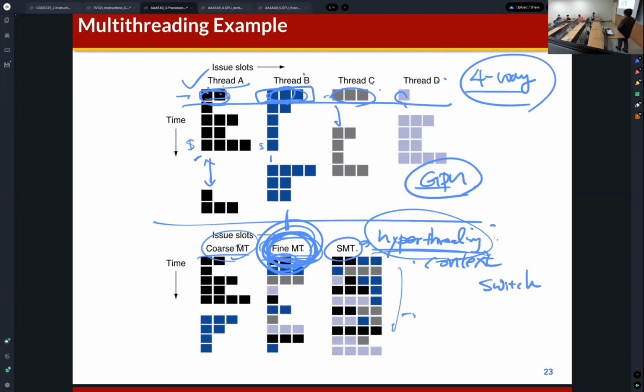The recent Intel architecture has performance cores and efficient cores. The efficient core is the power efficient core, which means the performance is a little bit low, but it's power efficient. So it has a simpler architecture.